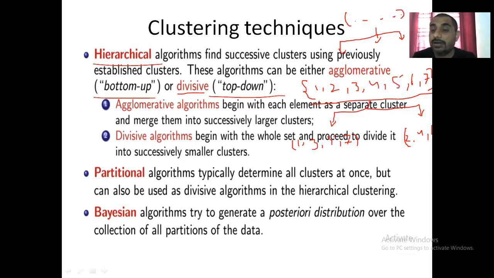And in case of the agglomerative clustering approach, each object has its own cluster, and on the basis of their similar characteristics, we can form a group.